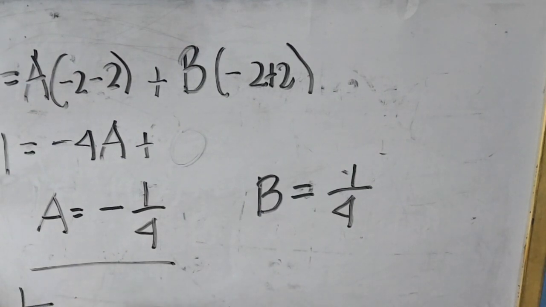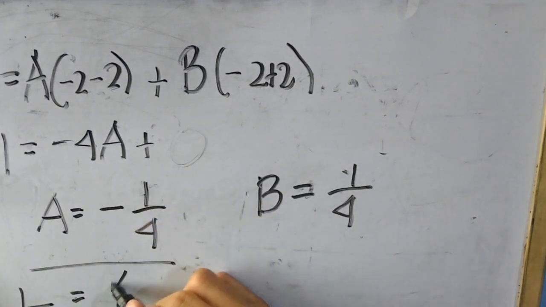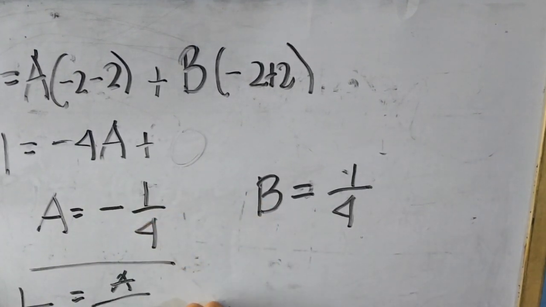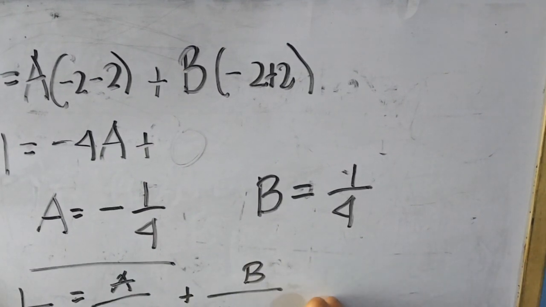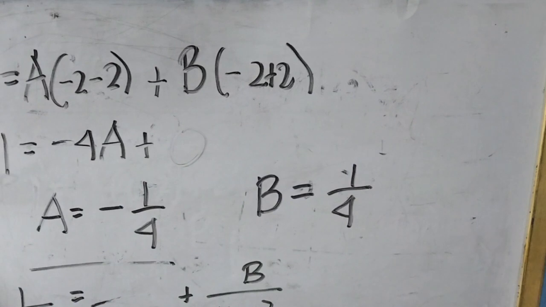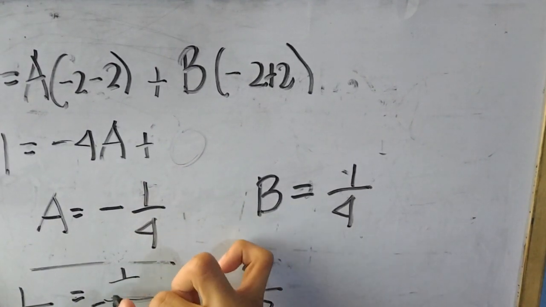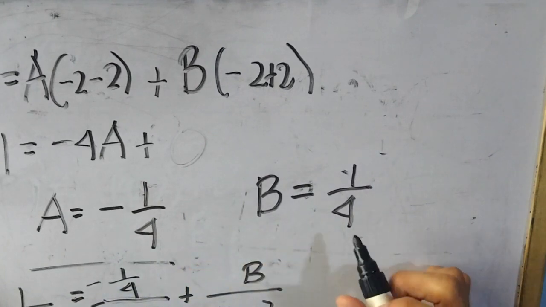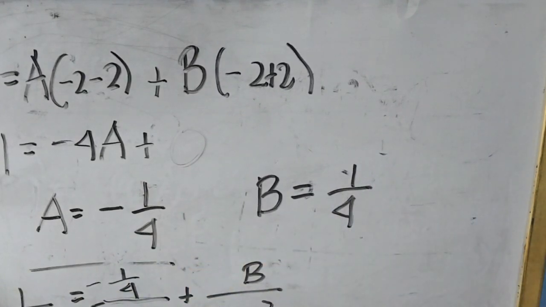So now, 1 over y squared minus 4 is equal to a over y plus 2 plus b over y minus 2. The value of a is negative 1/4, so we replace it with negative 1/4, and this b is 1/4.